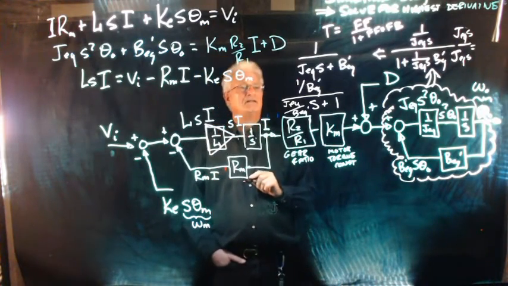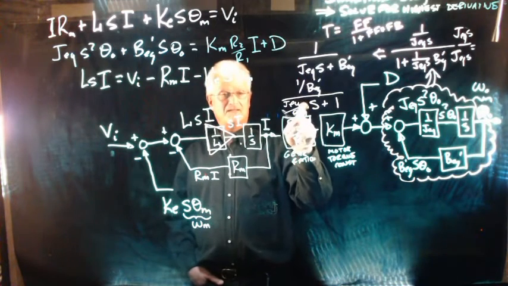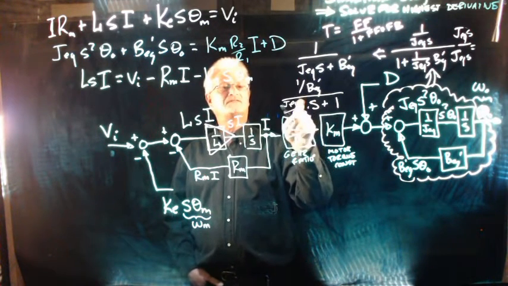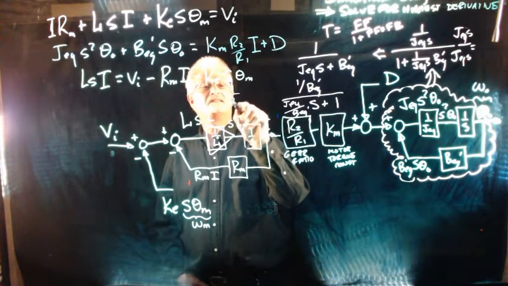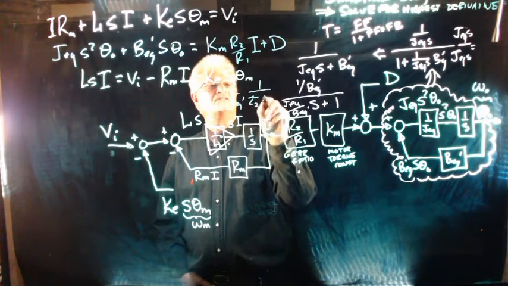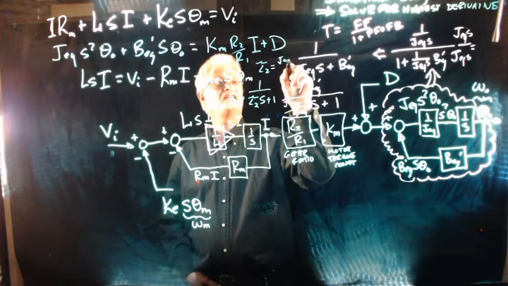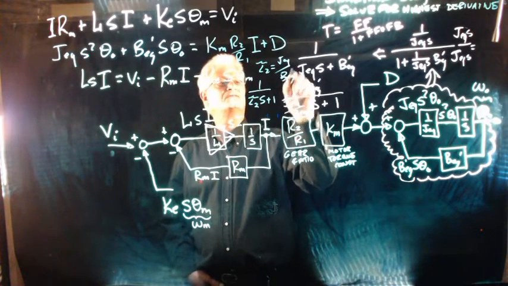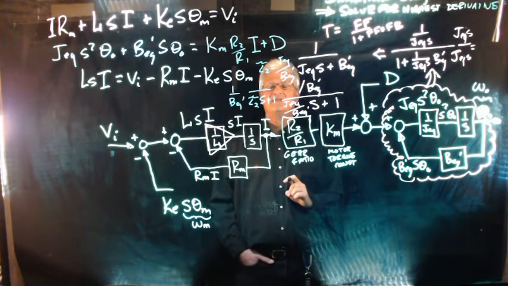If I wasn't looking hard enough, this looks like a first order system: 1 over B equivalent prime times 1 over tau 2 s plus 1, where tau 2 is equal to J equivalent over B equivalent prime.